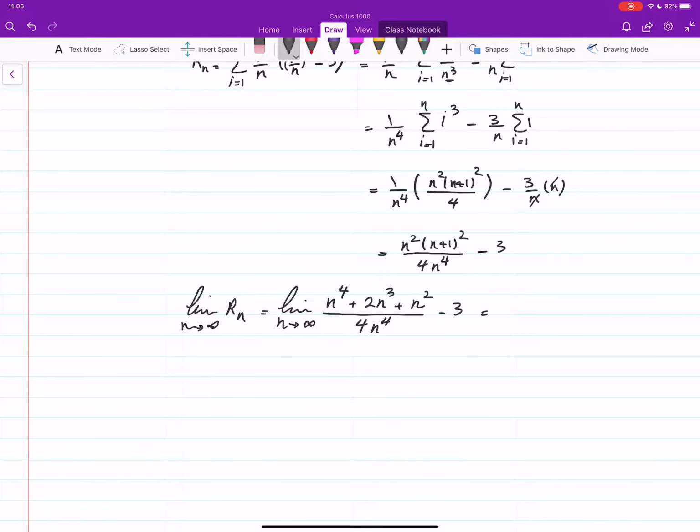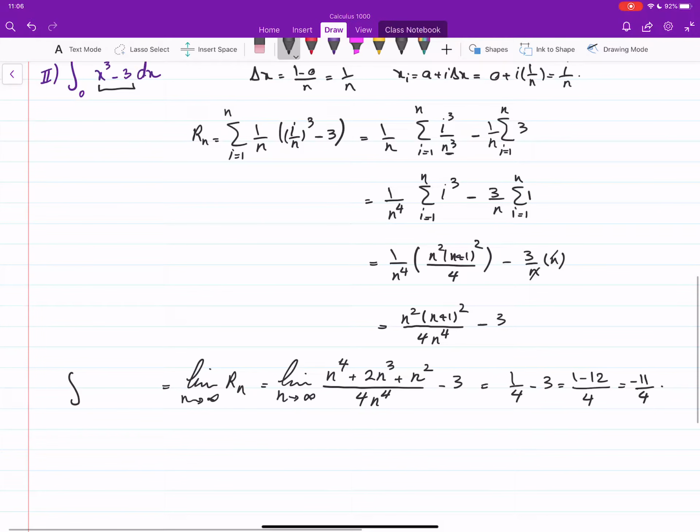Well, this limit is easy to compute. The highest powers give us 1 over 4 minus 3, which is 1 minus 12 over 4, so negative 11 over 4. Since the function is continuous, knowing the theorems and facts, this is equal to the value of the definite integral of x cubed minus 3 dx.